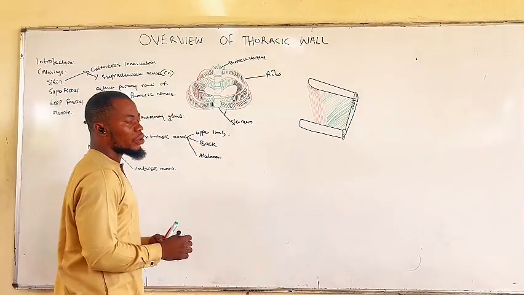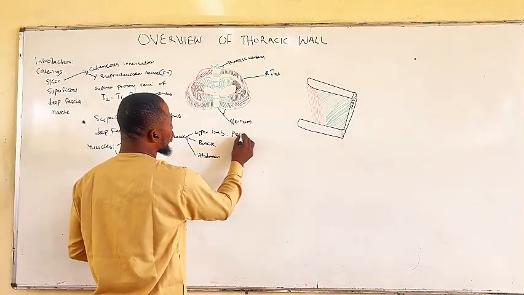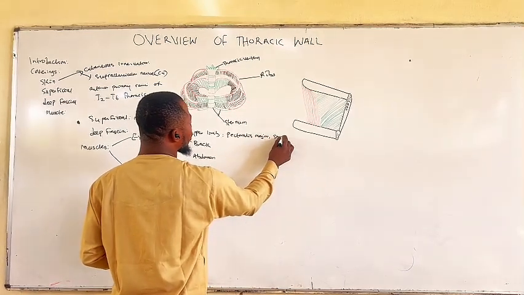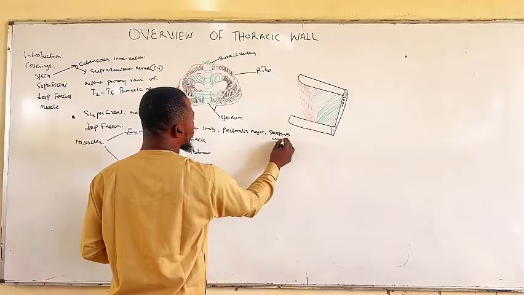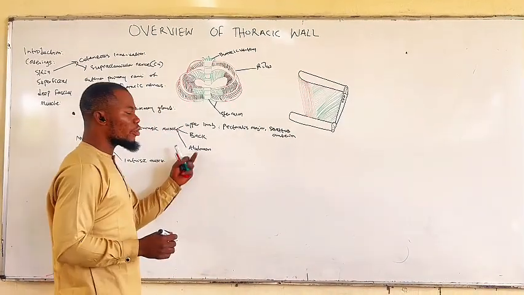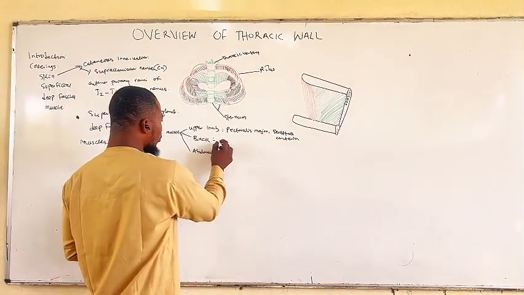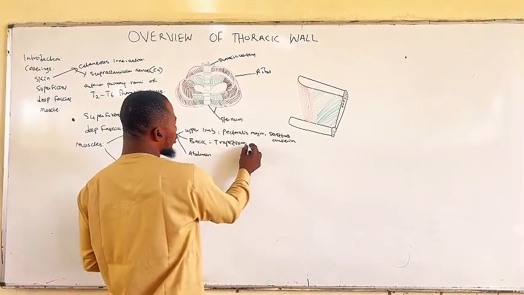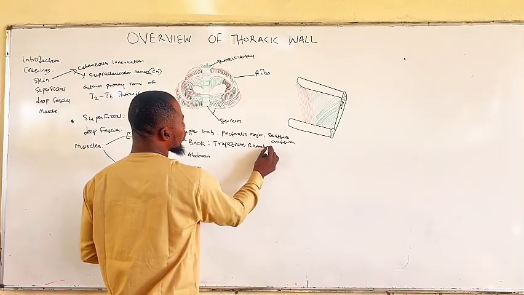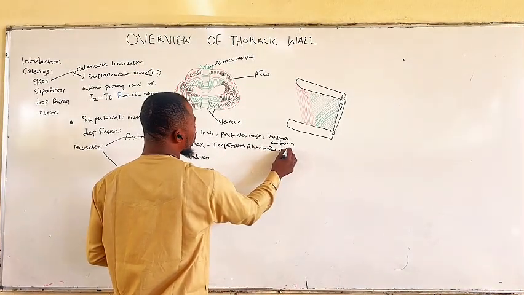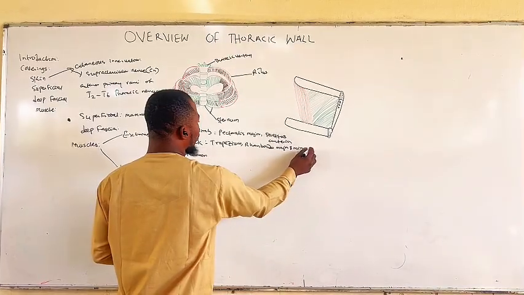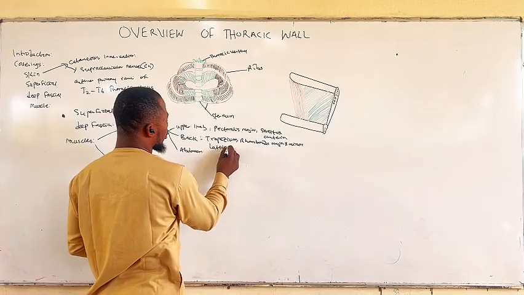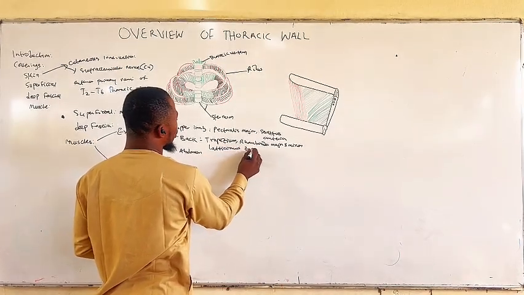Examples of the muscles of the upper limb that we can see in the thorax are pectoralis major and serratus anterior. Now, examples of the muscles of the back that we can see are trapezius, rhomboid major and minor, and latissimus dorsi.